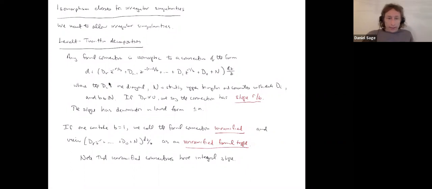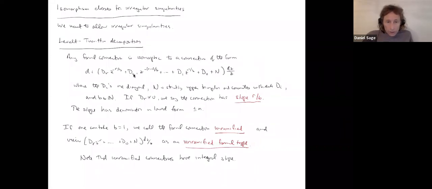So here's the idea. Any formal connection is isomorphic to a connection of the following form. You need to introduce roots of your uniformizing parameter, like z to the 1 over b. Then you have a polynomial in z to the minus 1 over b.